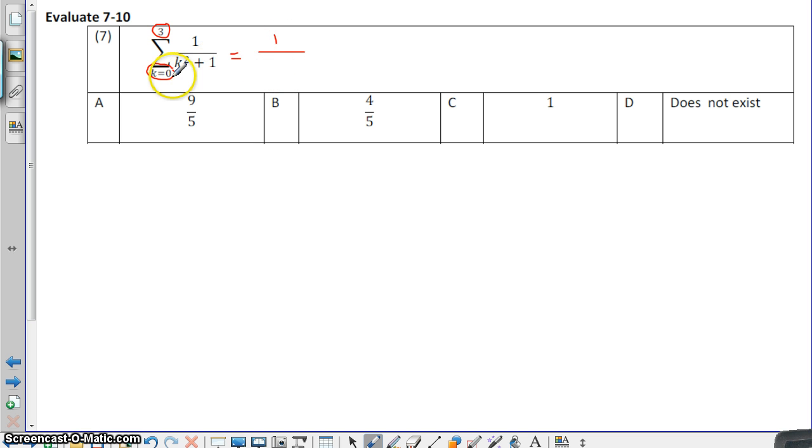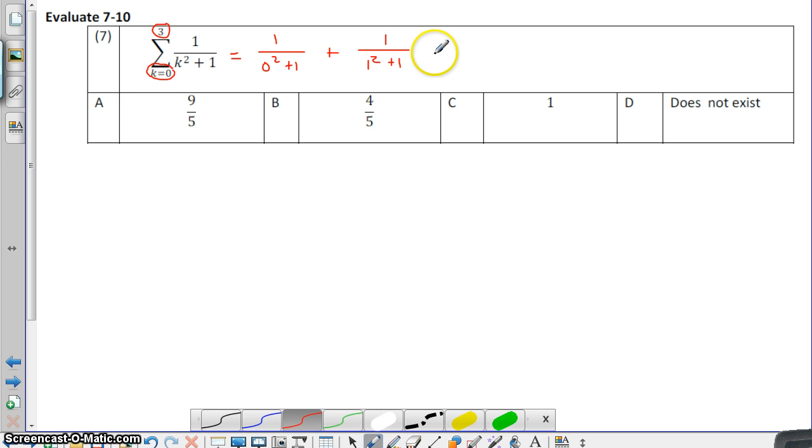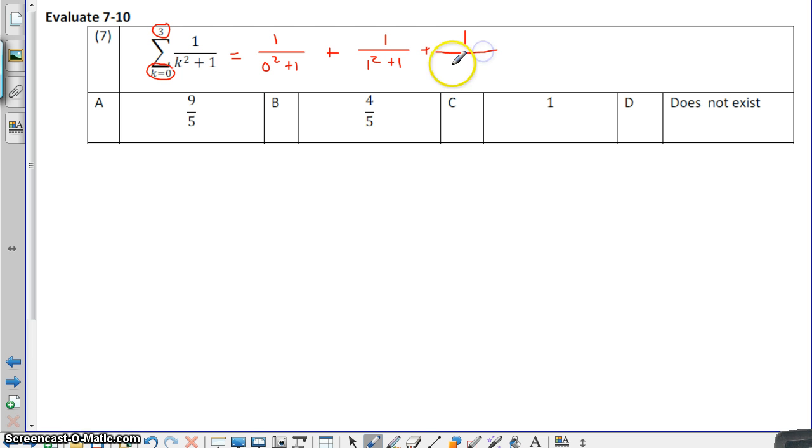So first thing I would plug in is 0, so 1 over 0 squared plus 1, plus, next number would be 1, 1 over 1 squared plus 1, plus 1 over 2 squared plus 1, plus 1 over 3 squared plus 1.